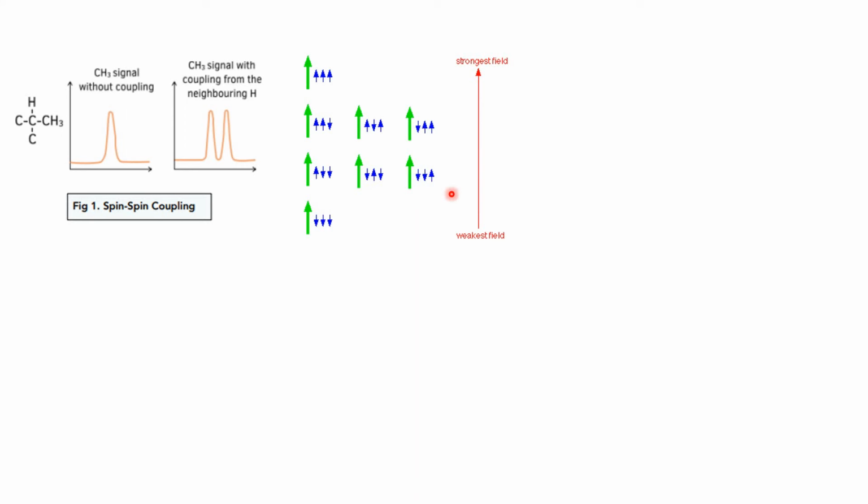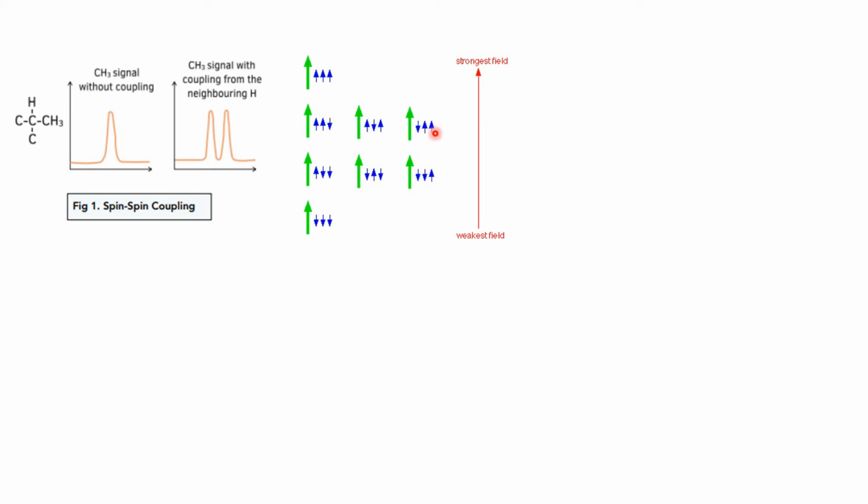And another combination is two primary protons opposing the applied magnetic field, and one is in the same direction. For this, three combinations are there. Now, this tertiary proton which is experiencing this magnetic field will experience little higher magnetic field than the protons in the previous case. So they will absorb little lower field compared to this.